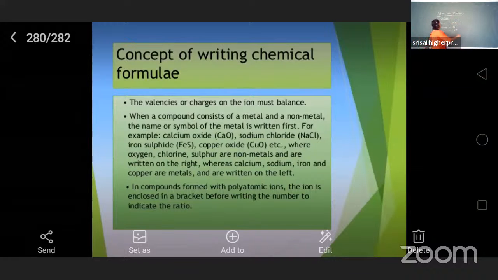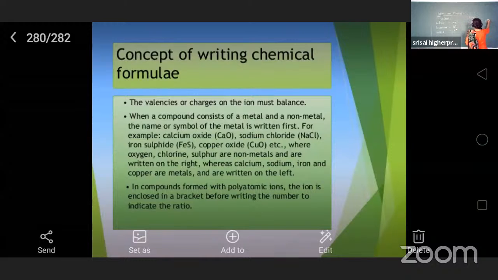Okay, next anions. Anions means non-metals, like hydrogen, chlorine, and sulfide, meaning sulfur. These are all non-metals. The symbols are H for hydrogen, Cl for chlorine and S for sulfur.